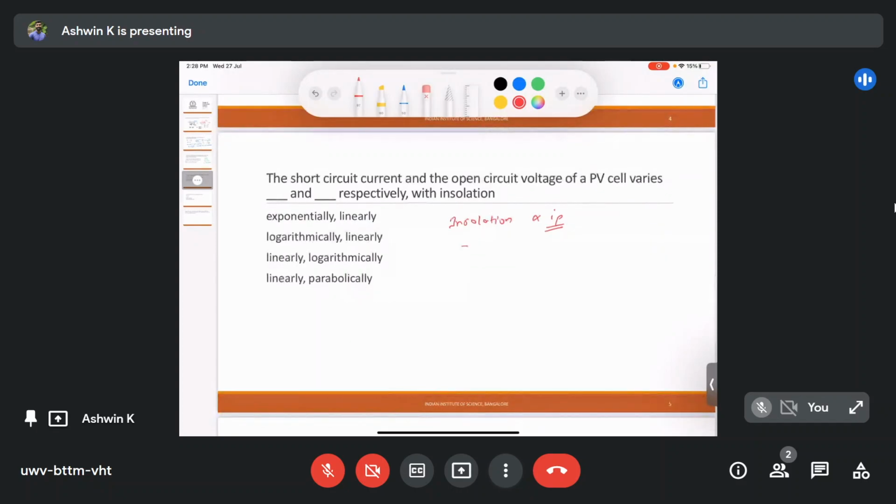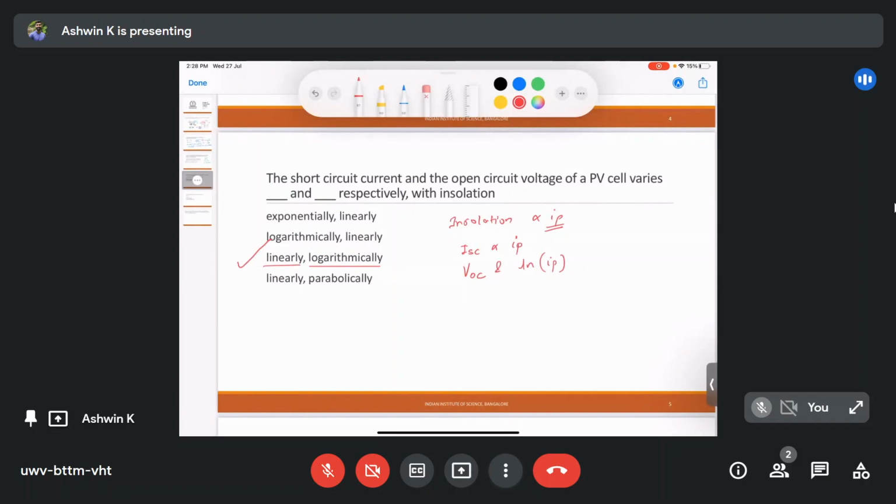We have also seen that short circuit current is proportional to the photocurrent, and open circuit voltage is proportional to the logarithm of photocurrent. So the same thing is being asked here: the short circuit current varies linearly and open circuit voltage varies logarithmically. This will be the answer to this question.